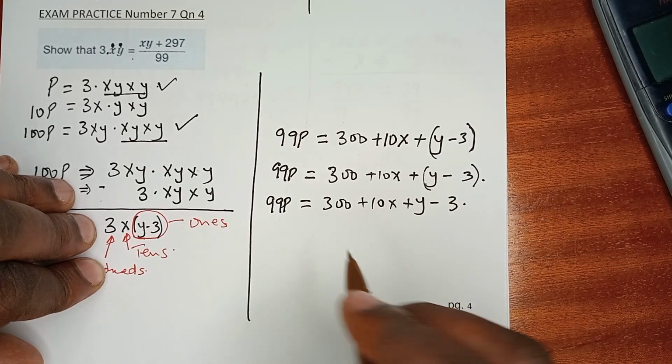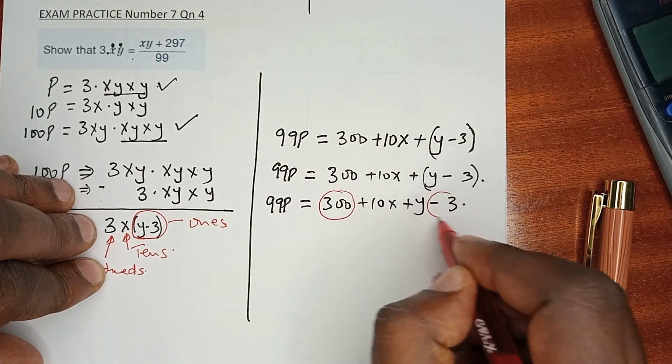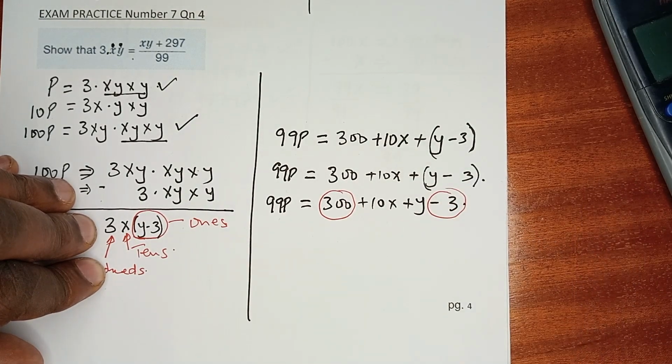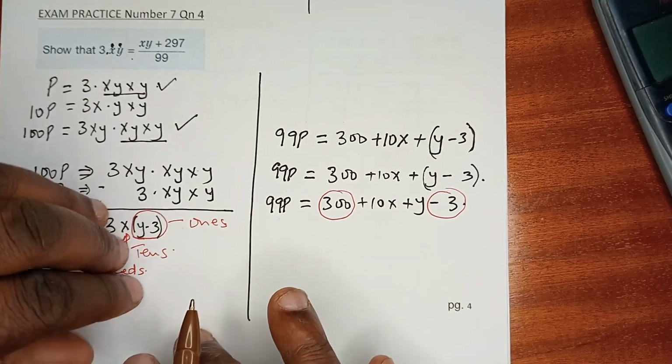After we open this bracket, we can take the like terms, and 300 minus 3 is obviously 297.